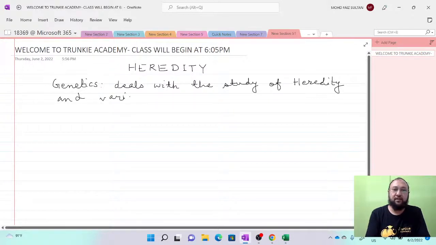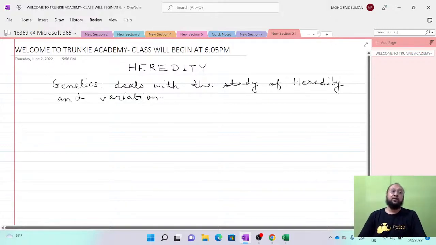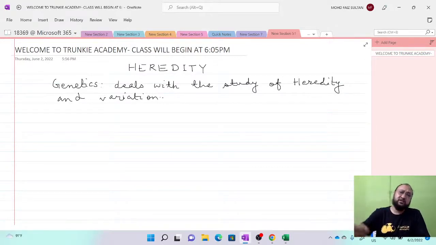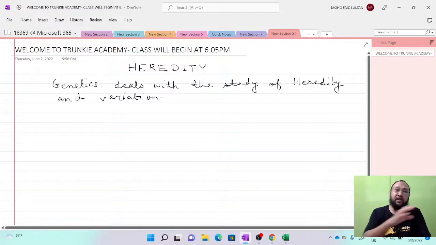That is the subject called genetics. How the transmission of characteristics takes place from parents to offspring, and how different variation takes place in animals and human races, all this comes under the subject called genetics.